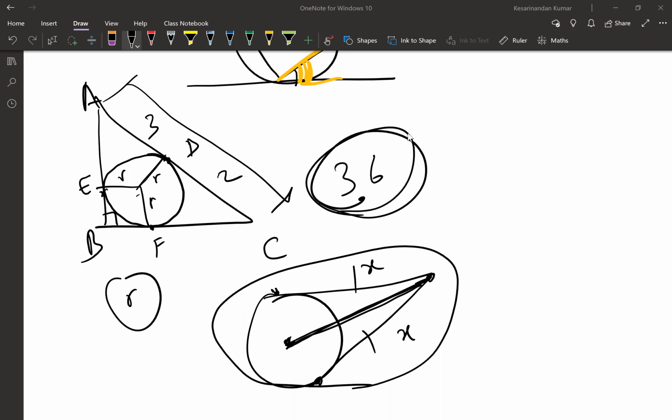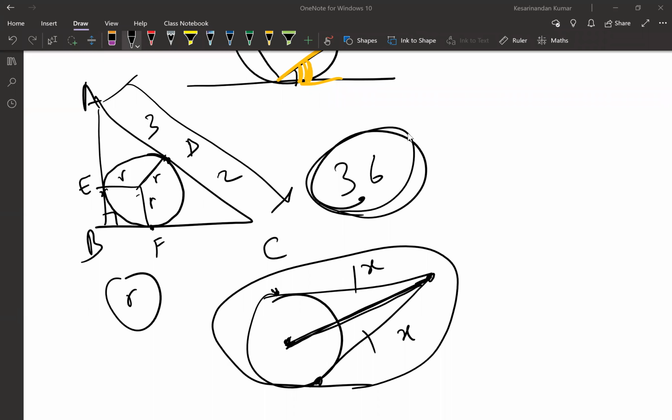Others, are you guys stuck? Okay, let's see how the approach would be. I think that's enough time.